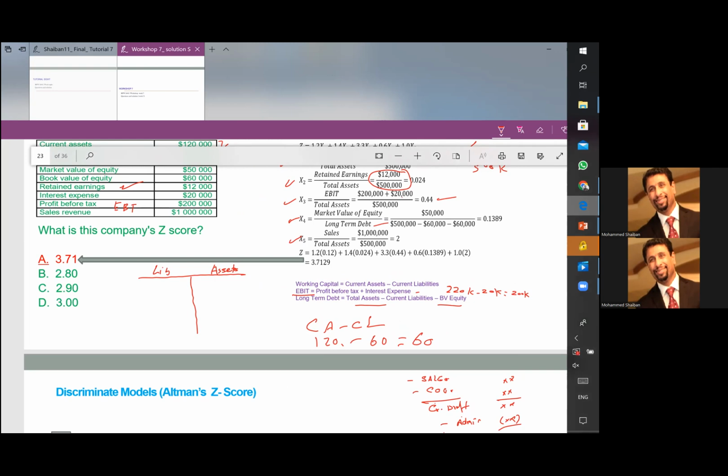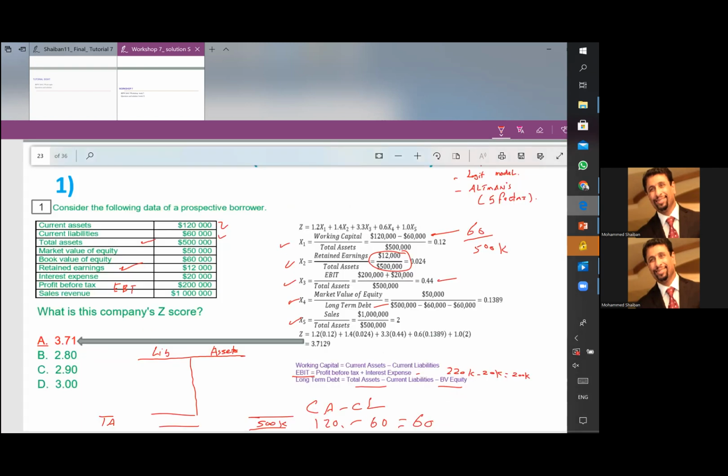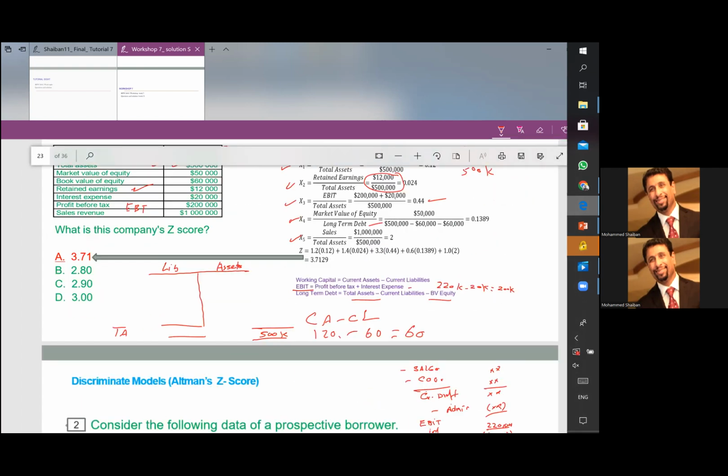And the way to get it, see, the company's total assets, here total assets is 500, okay? This is what they say here, 500. Which means the liabilities and equity total 500K.